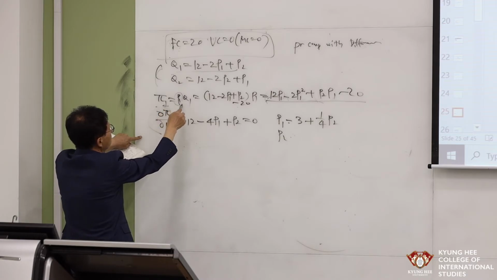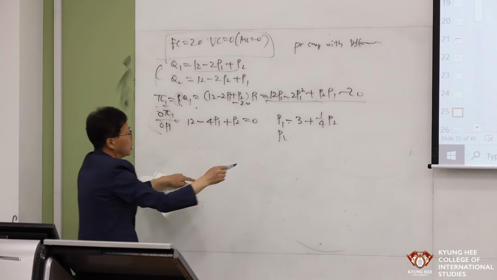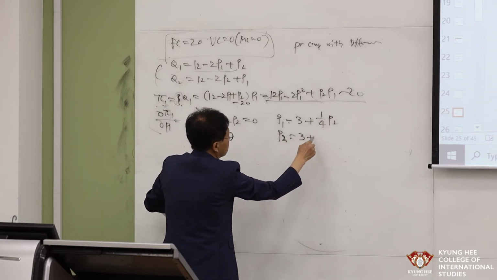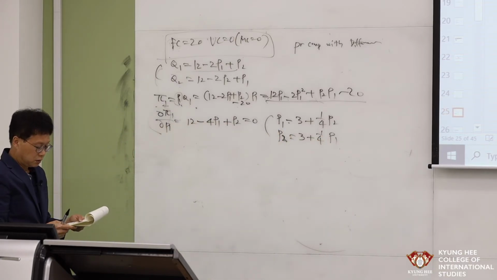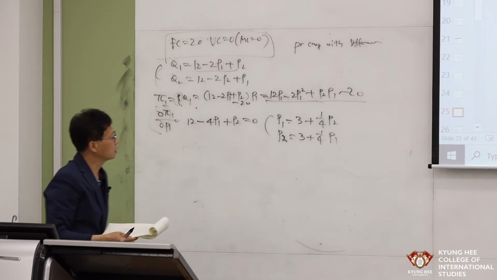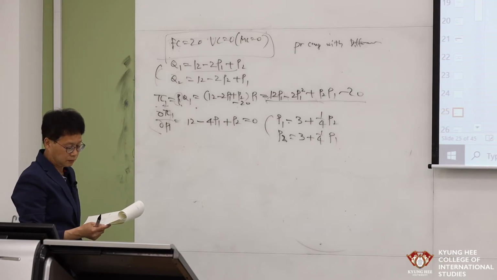Profit of firm 2 is P2 multiplied by Q2, and solve. Then the reaction curve of firm 2 is equal to 3 plus one-fourth P1. Right? So by simultaneously solving these two equations, we can find P1 star and P2 star, isn't it?